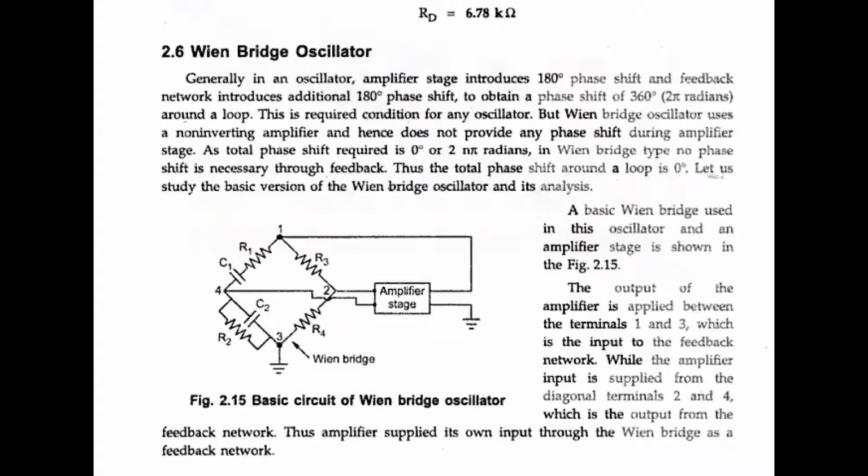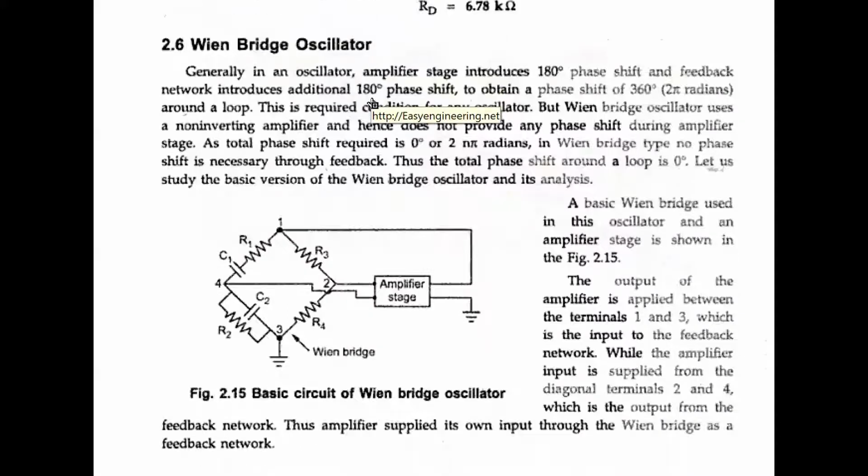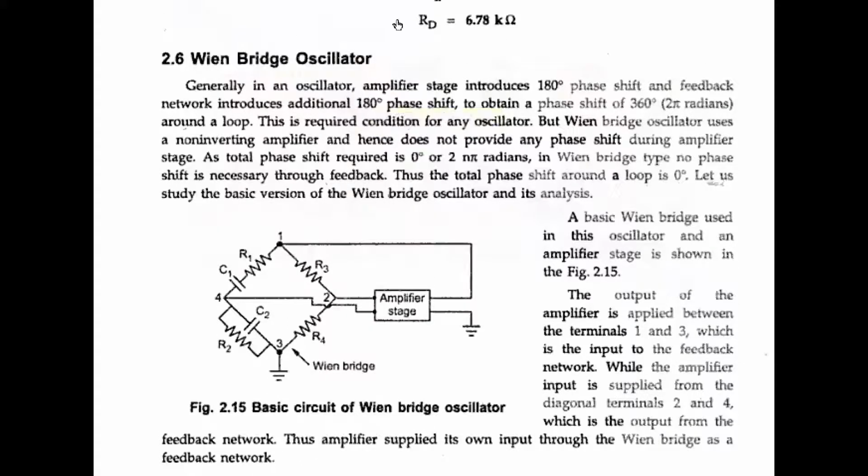Easy question. Please answer. I am not asking about the entire oscillator. In the case of Hartley, the amplifier block plus feedback block together gave 180 plus 180. So how much did the feedback alone give?